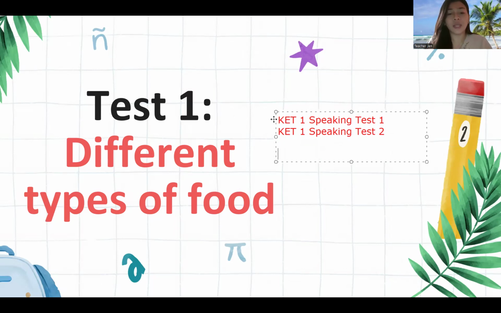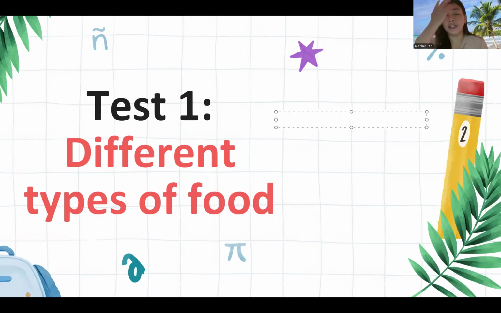So after that, we have CAT 2, speaking test 1, CAT 2, speaking test 2, CAT 2, speaking test 3, and CAT 2, speaking test 4. Now, we will start with CAT 1, test 1.